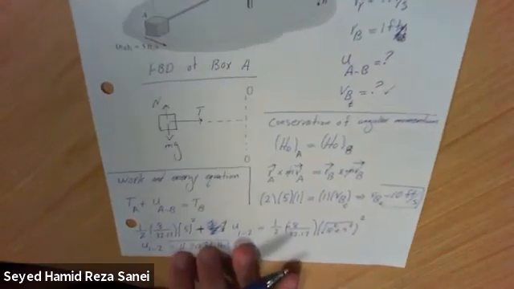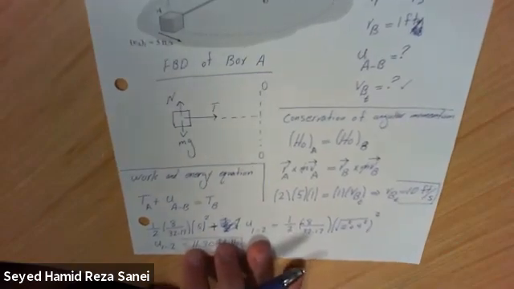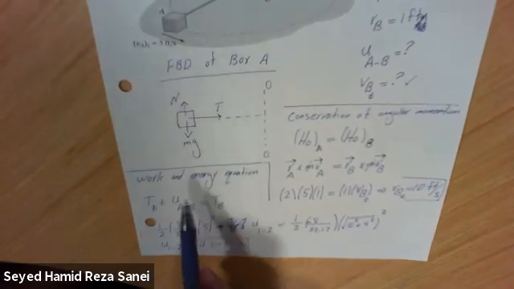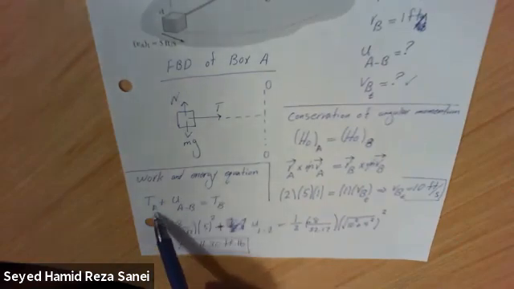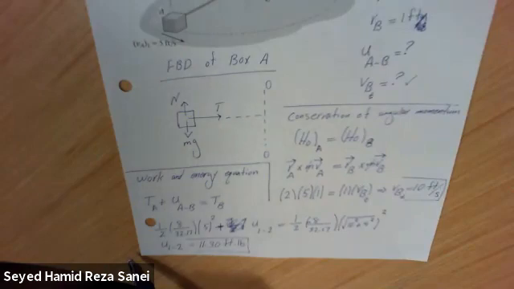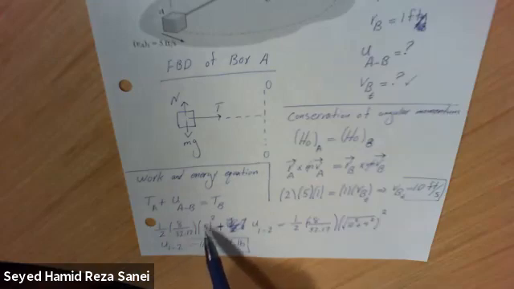Then the second part of the problem is asking for the work that is done on the sample. So we can use the work and energy principle. We have the initial energy. Energy is a scalar, so it's not directional. We need to plug in the magnitude, so we have 5.